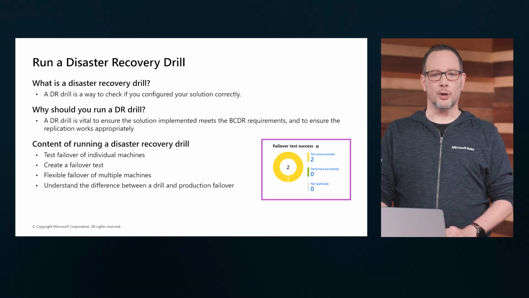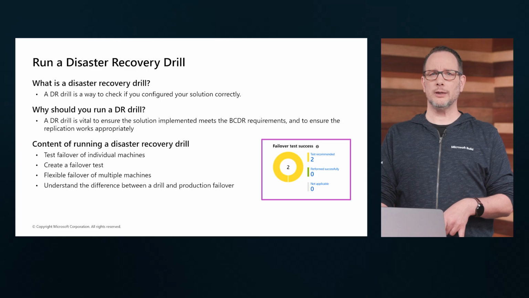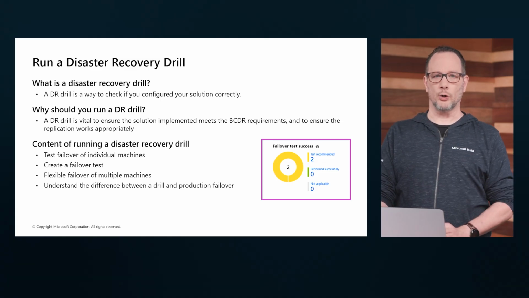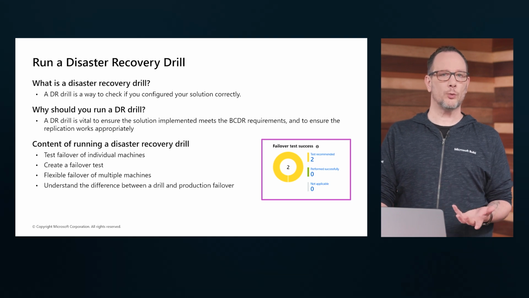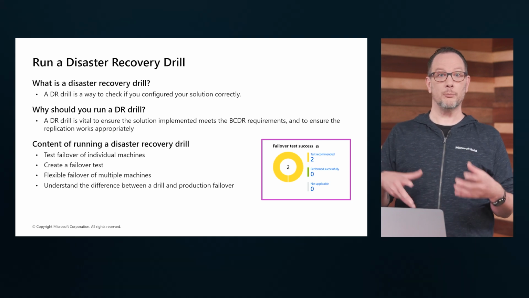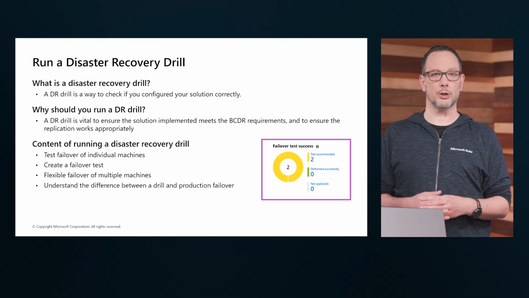One of the important parts here is obviously running a disaster recovery drill. So what this means is that built in the platform, we have a test failover scenario, which means that you're going to run a failover, but it's not impacting your live production workload.